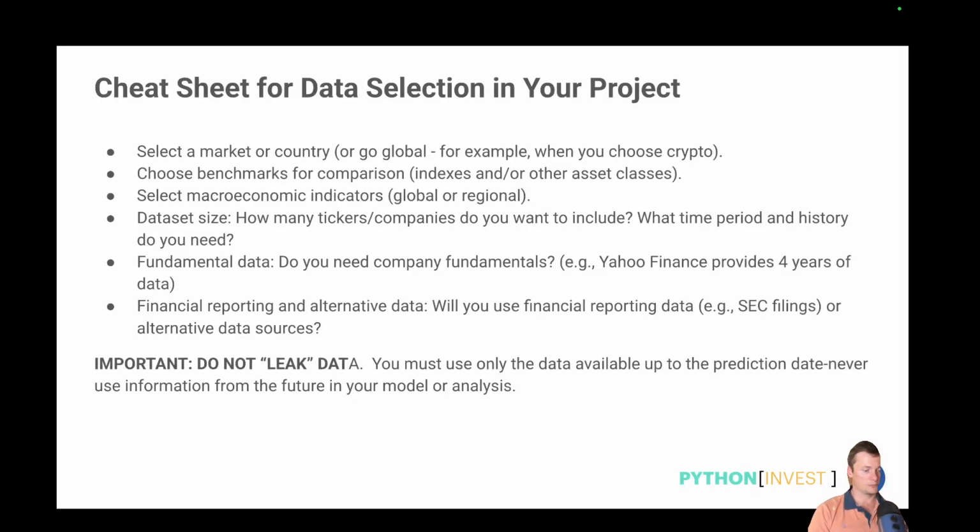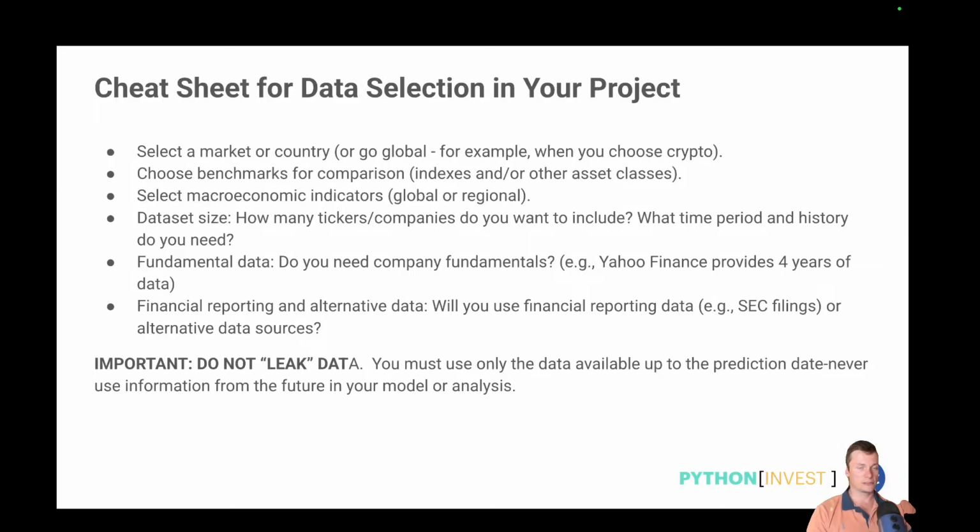If you simplify all of these materials, here is a step-by-step guide on what you need to do for your project. First, you select one market or a country. You can go global as well, but it's harder to get a good data set for this.